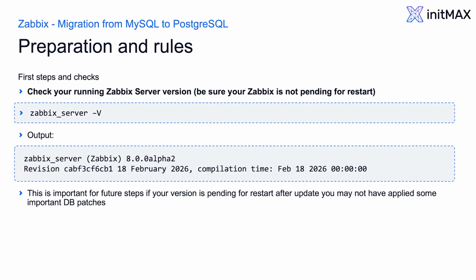This is going to apply only when you restart your Zabbix server. So this can cause us some issues, like if we think that we're running 8.0.0, like here, Alpha 2, but actually the binary installed is 8.0.1. And whenever we do a restart of the process, after the restart the version changes. Suddenly there might be some schema changes, and that can cause a lot of problems. So just make sure that it is not the case.